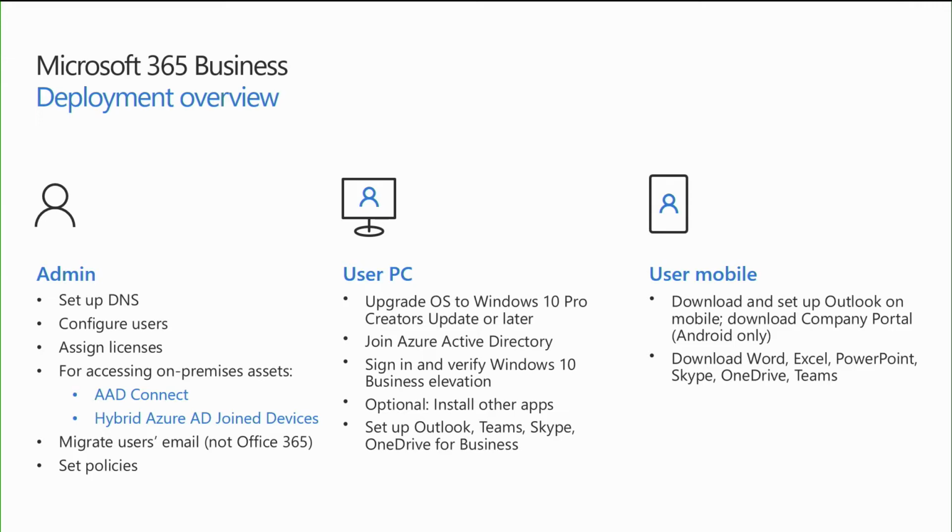In terms of what you can do as an admin, you can go through the motion of setting up Microsoft 365 Business, similar to Office 365 if you're familiar with it. You can set up DNS, configure your users, and then assign licenses to your users. If you have on-premises assets, you can now use AAD Connect with Microsoft 365 Business.